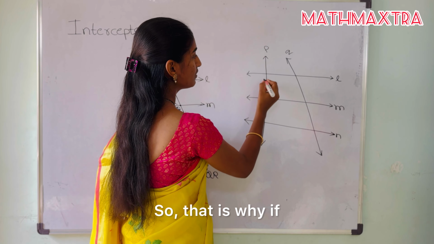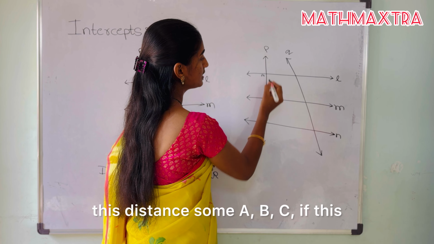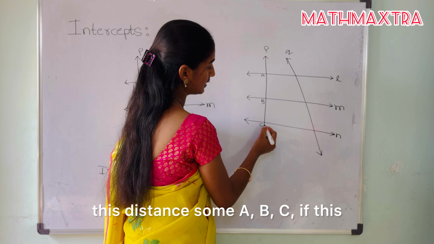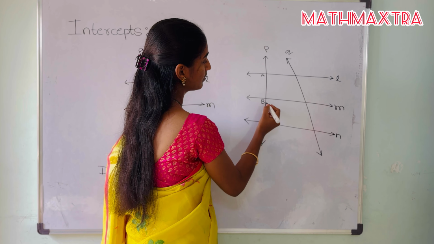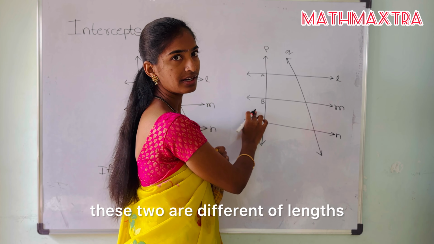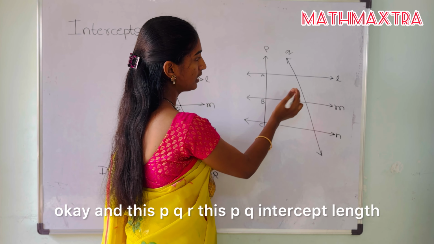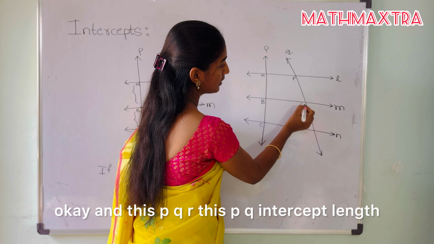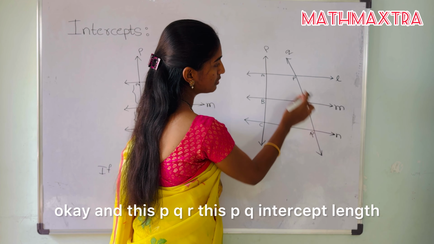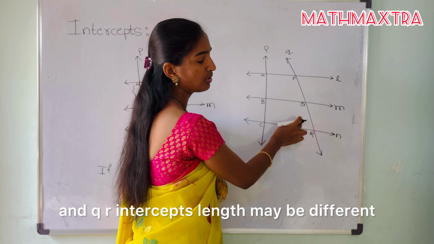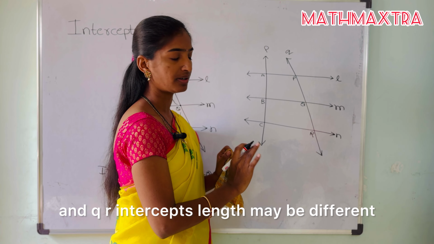So if AB and BC are different lengths, the PQ intercept length and QR intercept length may also be different.